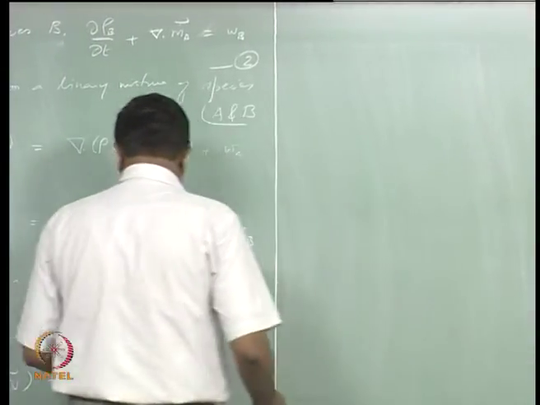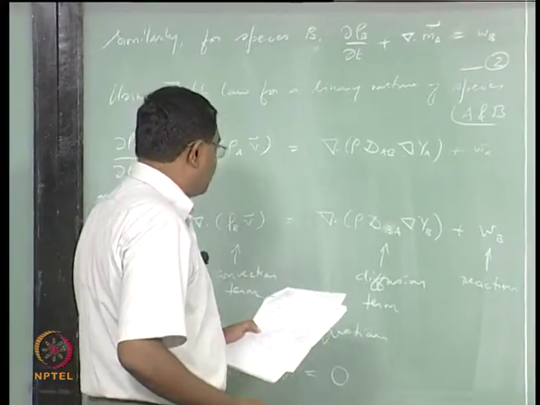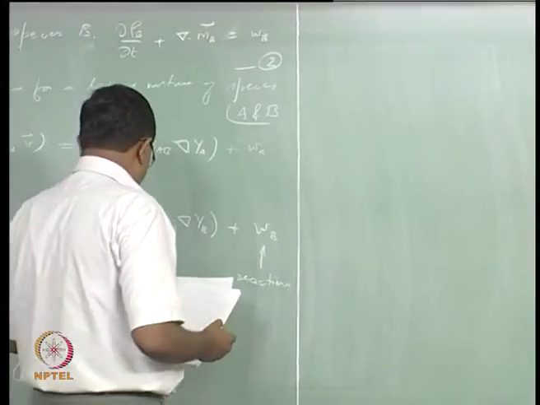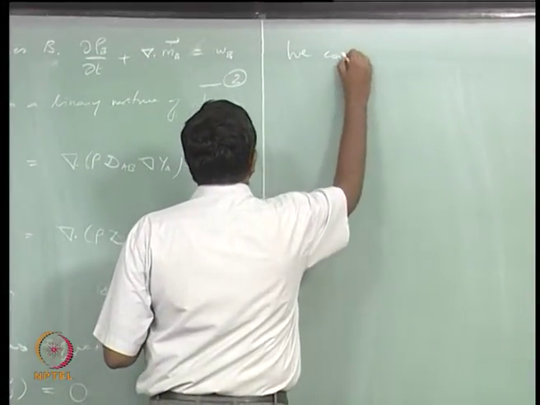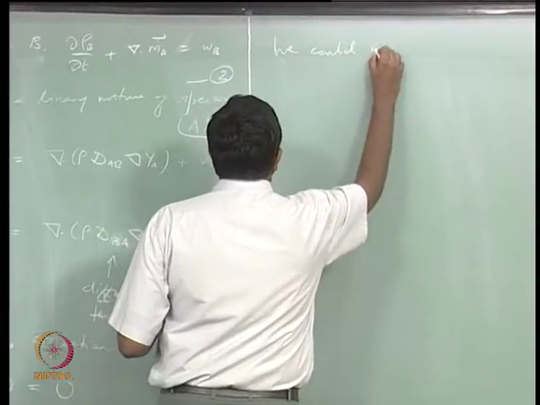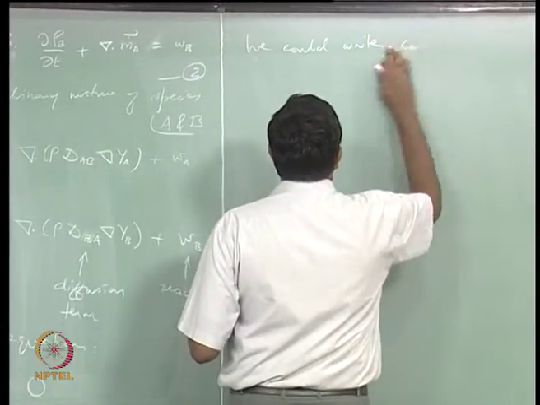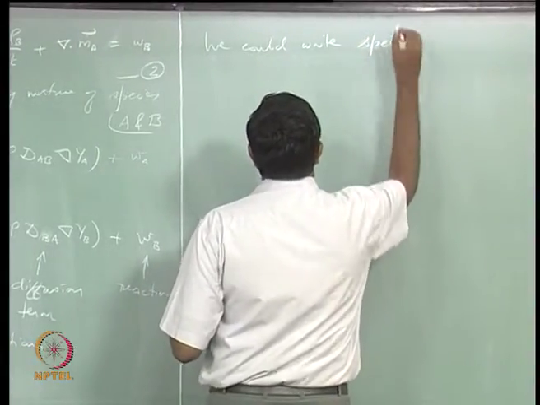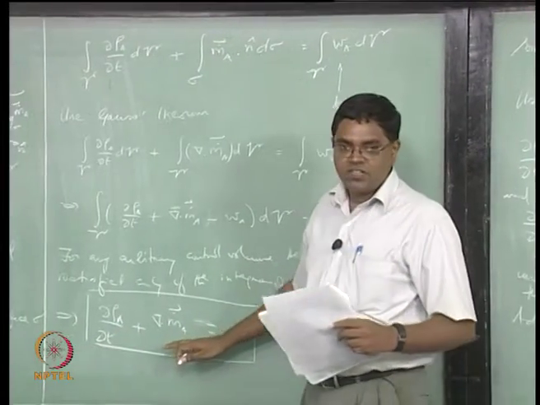Okay. Now for fun, let's also do one more thing. We could write a species conservation equation. That's the stuff that we have done here. We'll simply call this a species conservation equation.